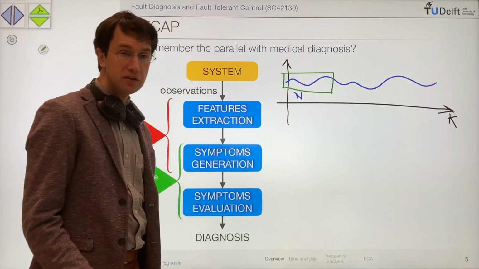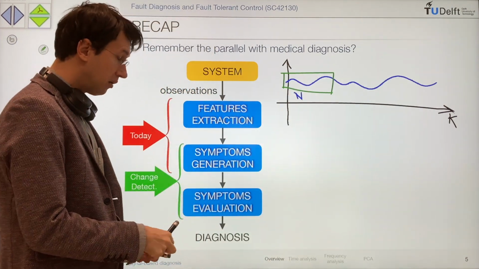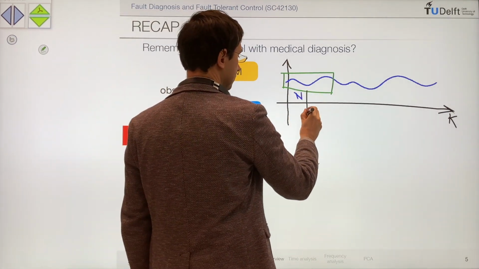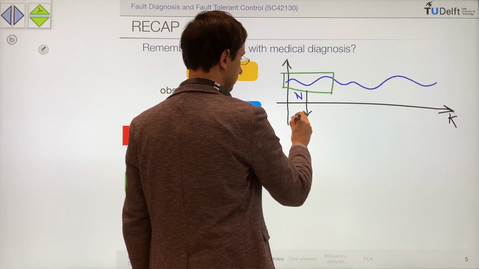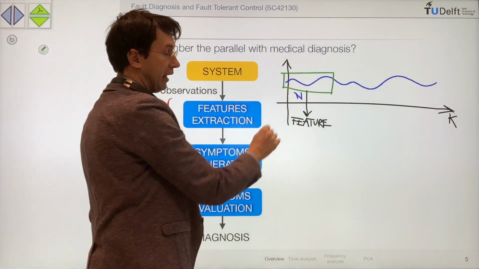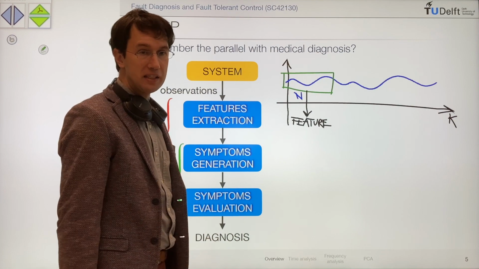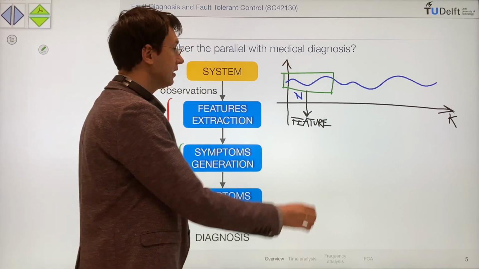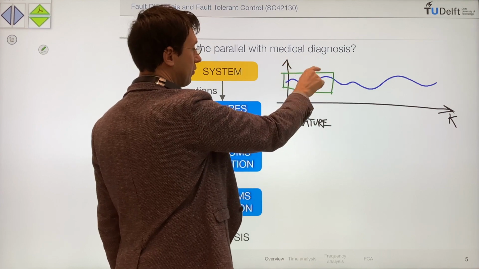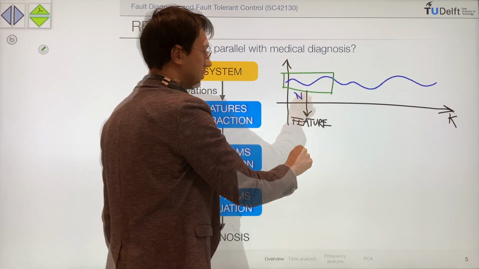And for every one of these time windows, we generate a feature. Even if this time window is of length n, for every time step in the signal, apart from the first n, we can have a window and generate a corresponding feature.